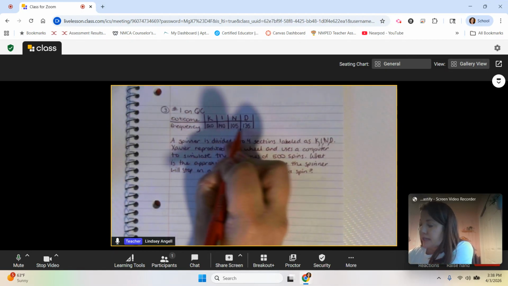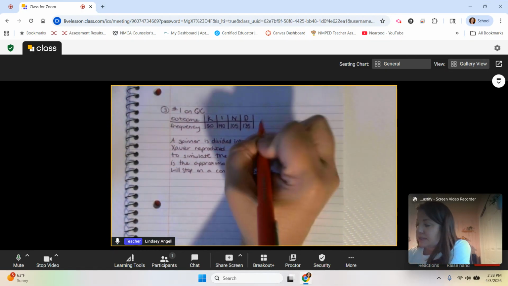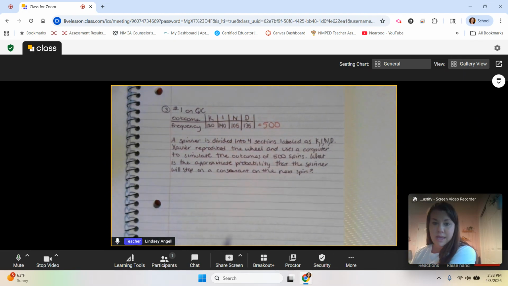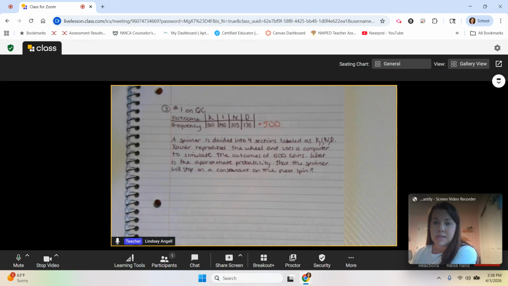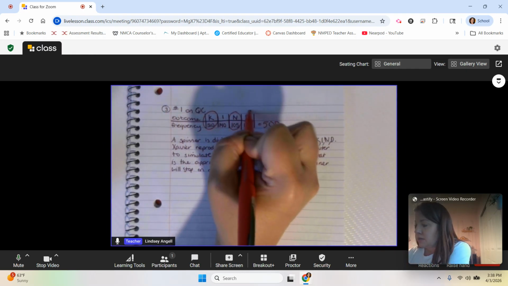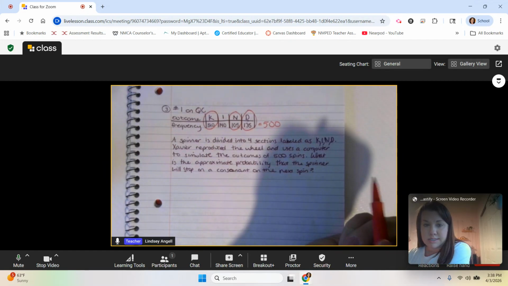So what they're telling us is that if we added all of these together, they would all equal 500. Okay? And so if we were to find the approximate probability that the spinner will stop on a consonant, we need to focus on this one, and this one, right? Those are all consonants.